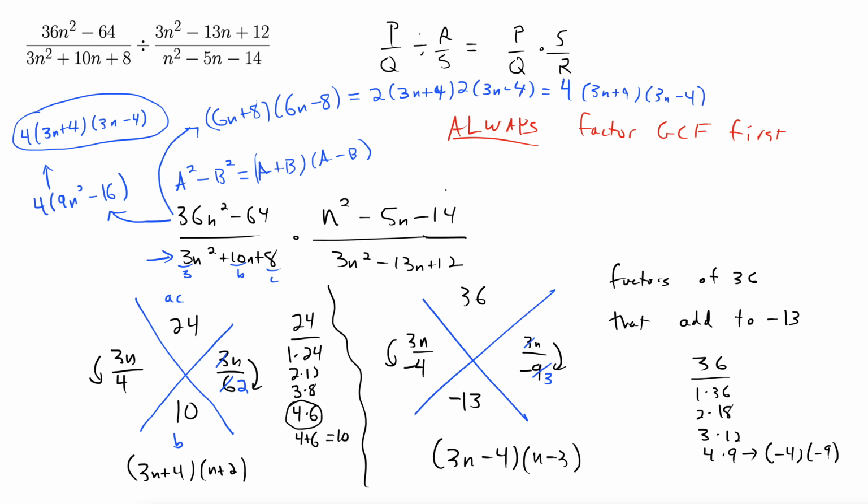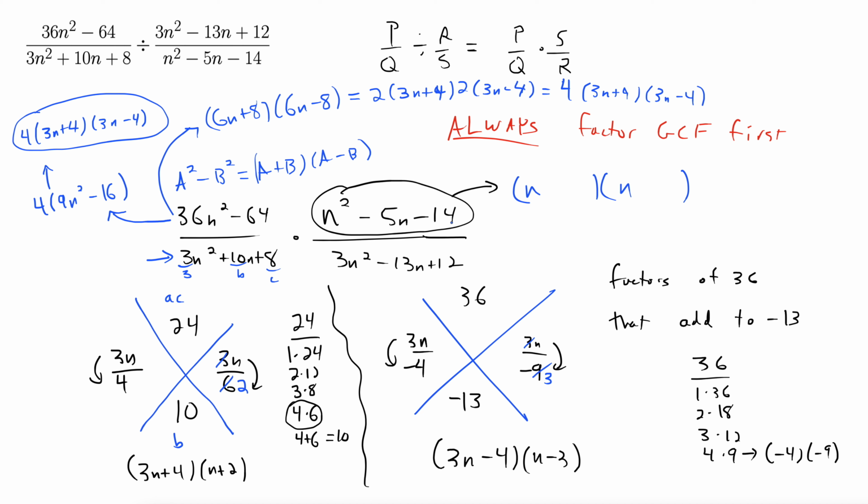Okay, whew. This is getting a little bit busy. Let's see, for this one up here, let's do that one in blue. Let's just use trial and error on this one, but you could also use the diamond method. We need factors of negative 14 that add to negative 5.